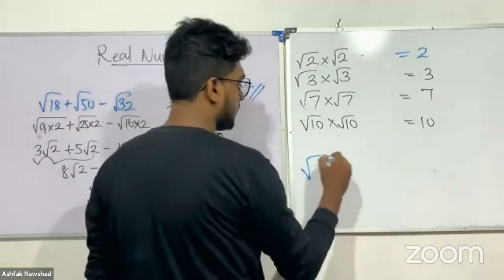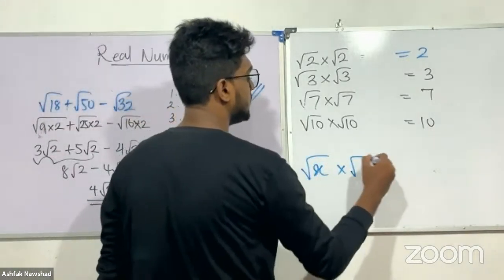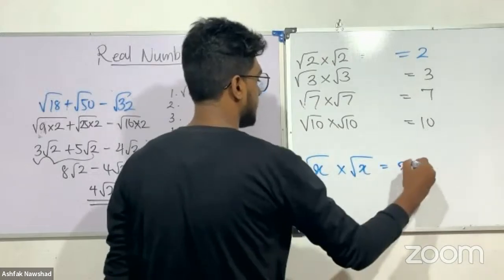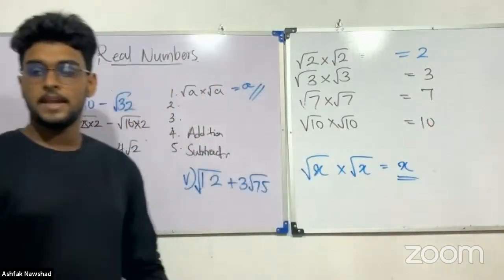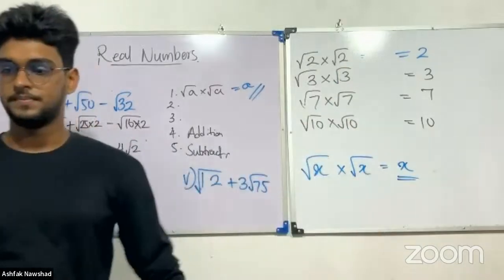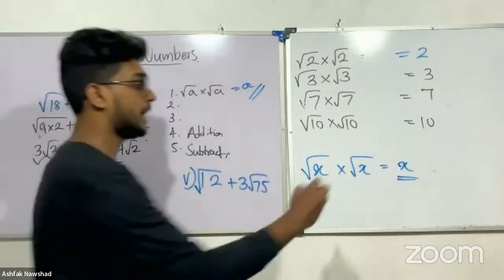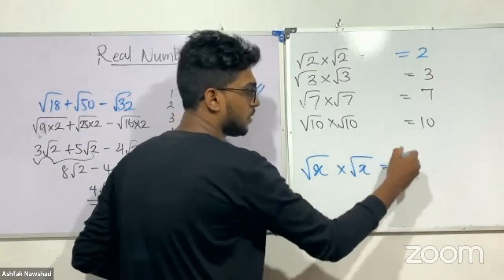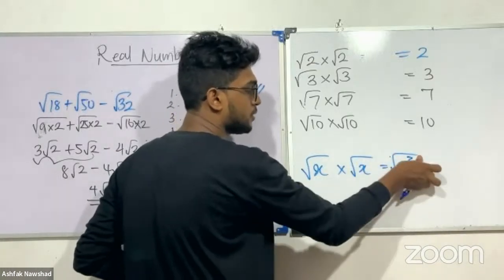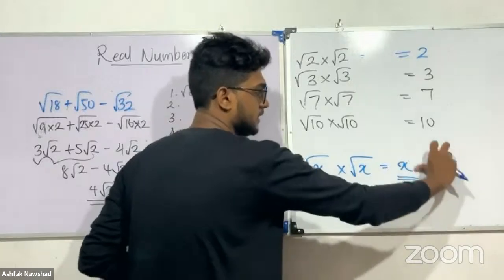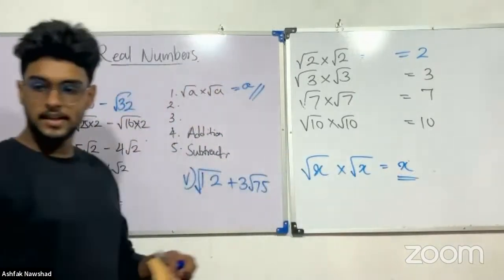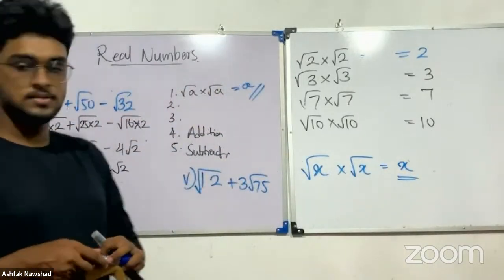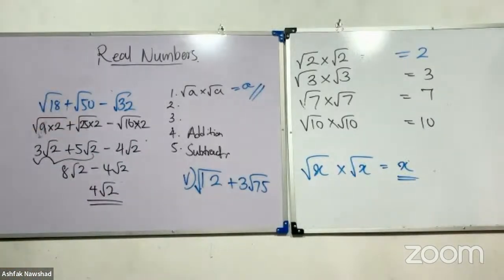The square root of x times the square root of x gives us x. The square root gets removed. It is not x squared, it's just x, because the square and the square root get cancelled. So the final answer is just x. Pretty easy now, right?